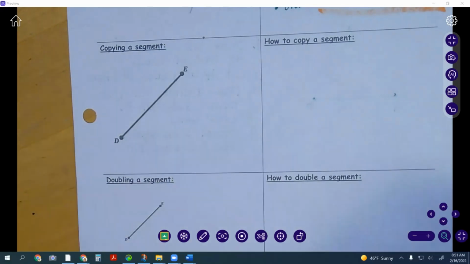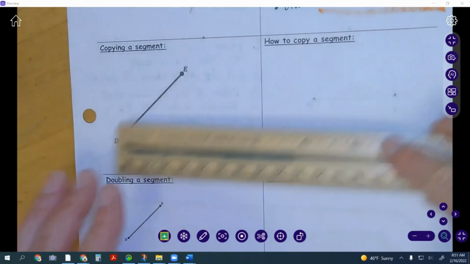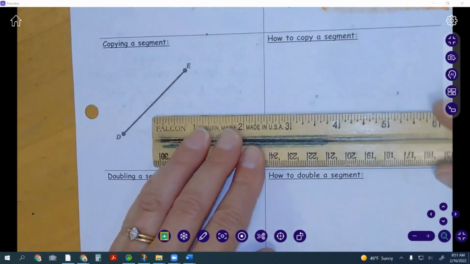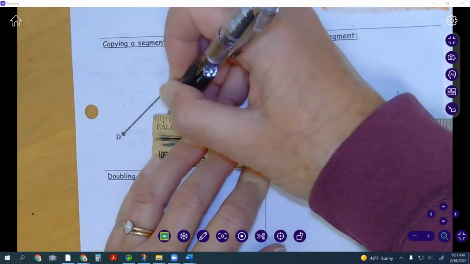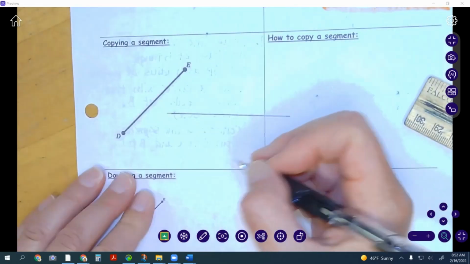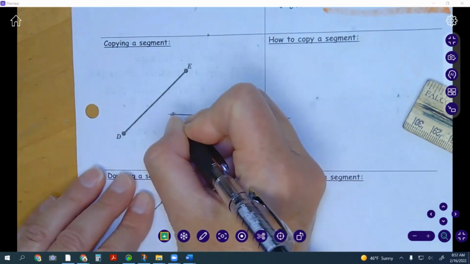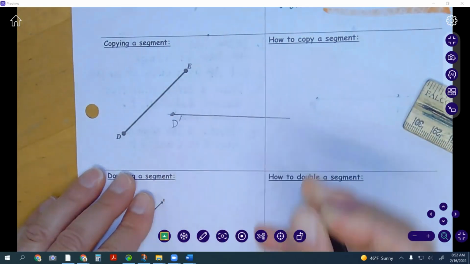Okay, so you're going to draw a line segment. It doesn't even have to be like parallel to it or anything like that. Just draw a line segment longer than you need. And I'm going to label one endpoint as D prime.